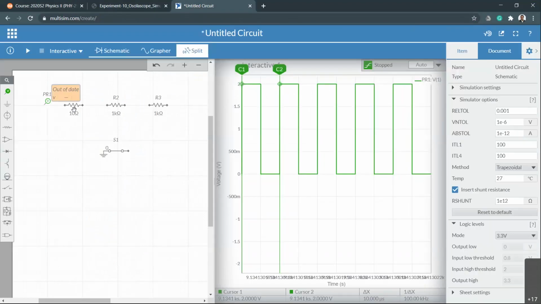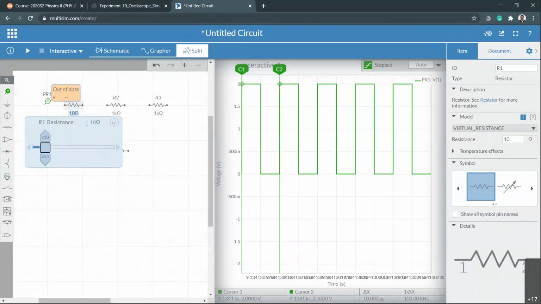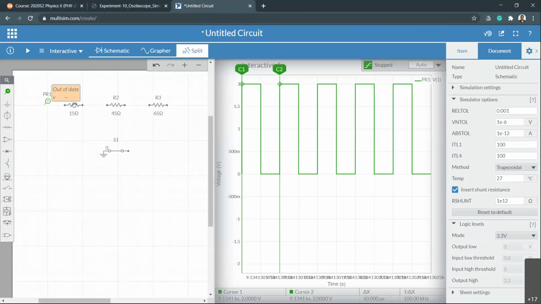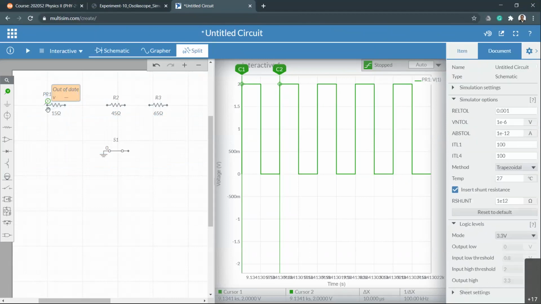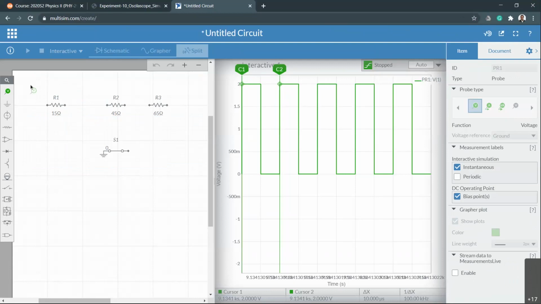So I need the first one to be 15, the second one to be 45 ohms, and the third one to be 65 ohms. Okay, so we have that, and let's separate the resistors and this voltage sensor a little bit.